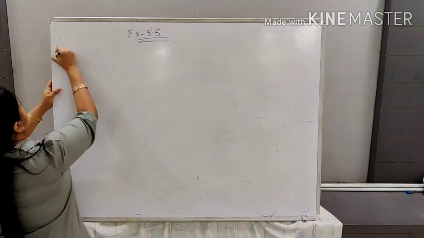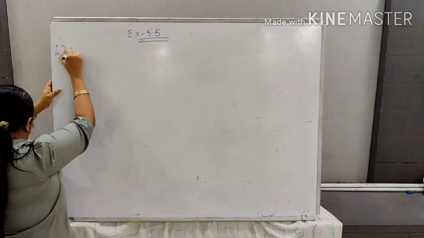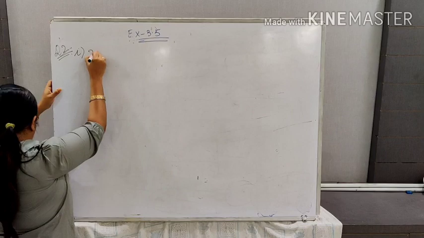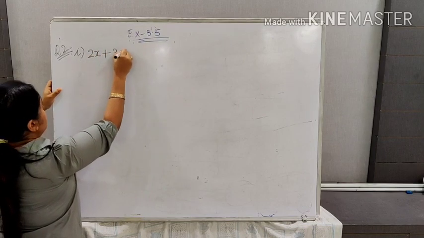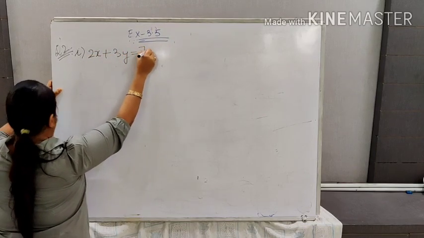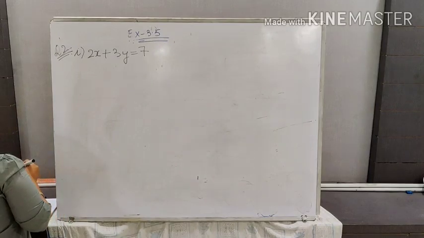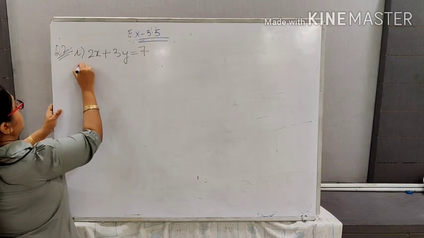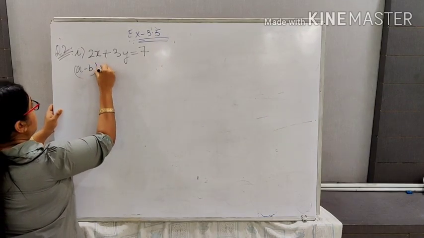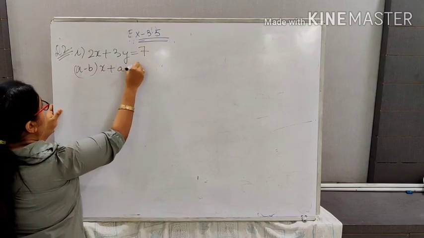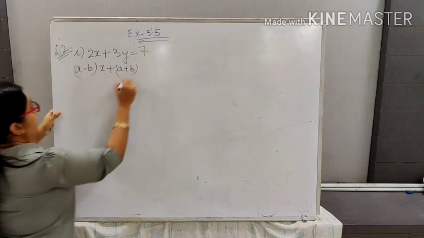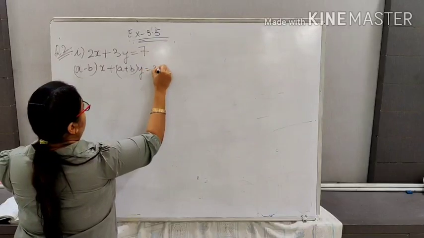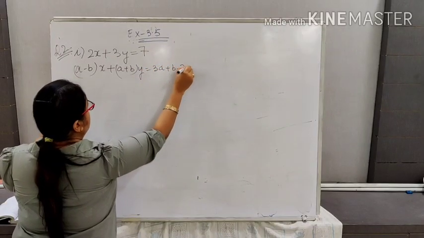Now let me take up the question. Question number 2, first part. The question is 2x plus 3y is equal to 7, and (a minus b)x plus (a plus b)y is equal to 3a plus b minus 2.